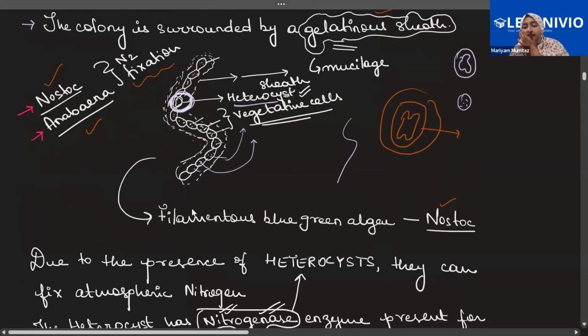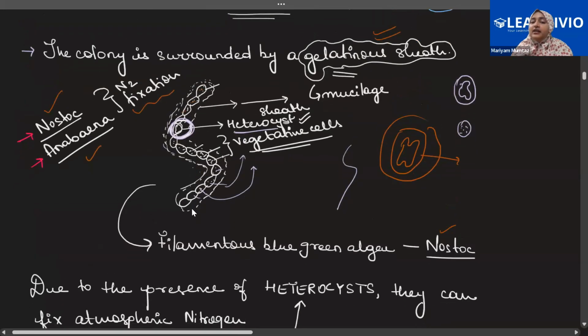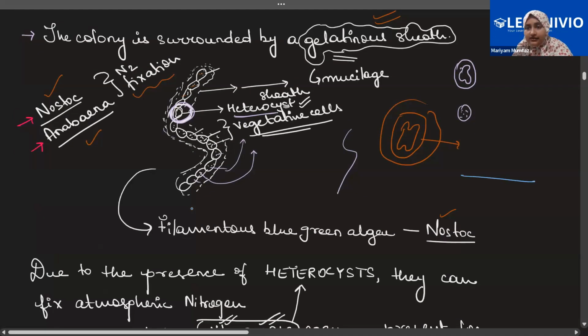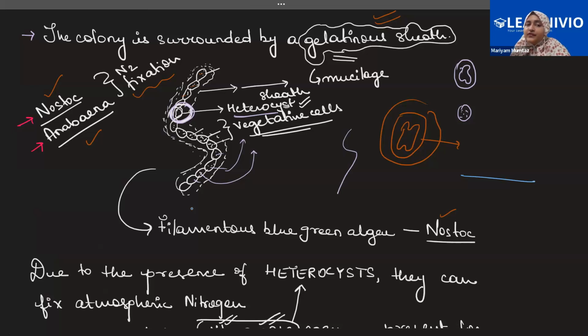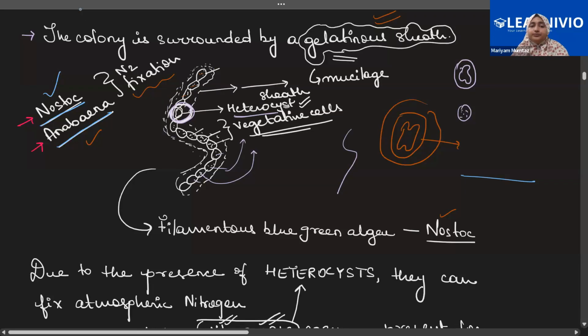Now, for the filamentous blue-green algae, or the filamentous cyanobacteria, as I told you, they will be a long filament-like structure. For them, there is a special type of cell known as the heterocyst present in them. And this heterocyst enables them to do nitrogen fixation. This happens in the case of Anabaena and Nostoc. These are the names of the organisms. The examples of cyanobacteria are Nostoc and Anabaena.